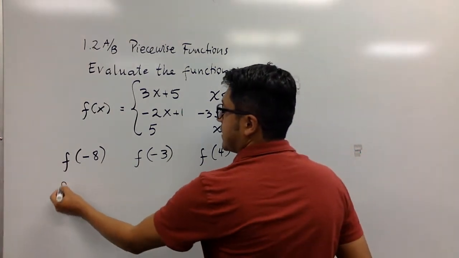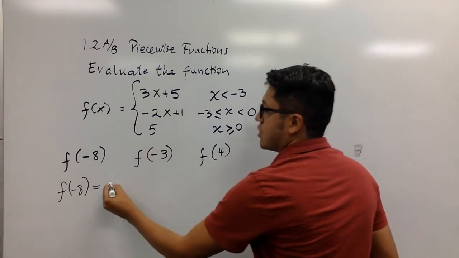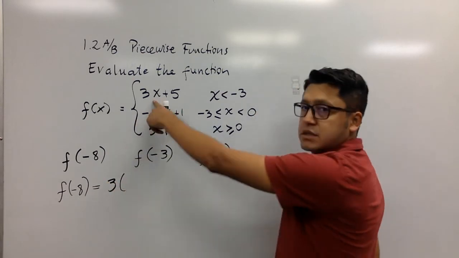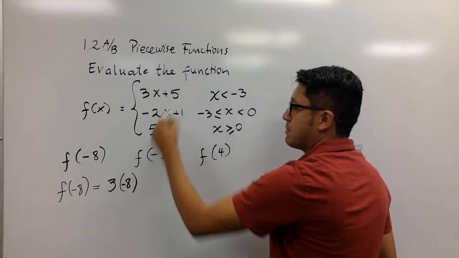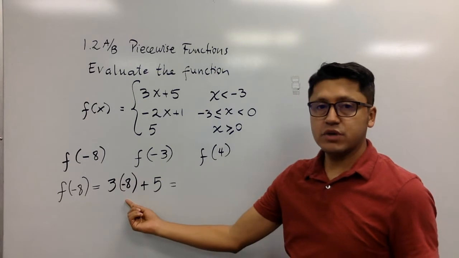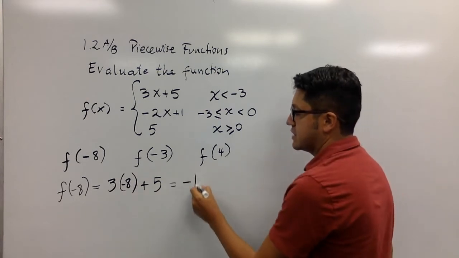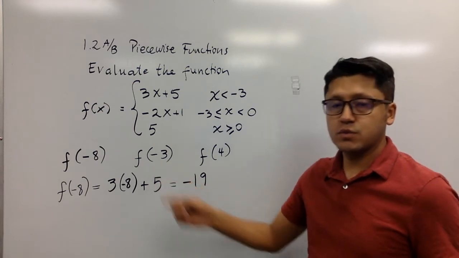So f of -8 is equal to 3 times -8 plus 5. And then I solve this. This is -24 plus 5, which is -19. We're done.